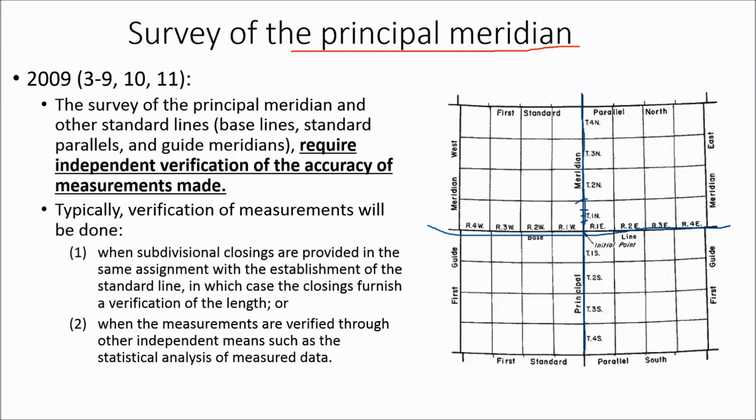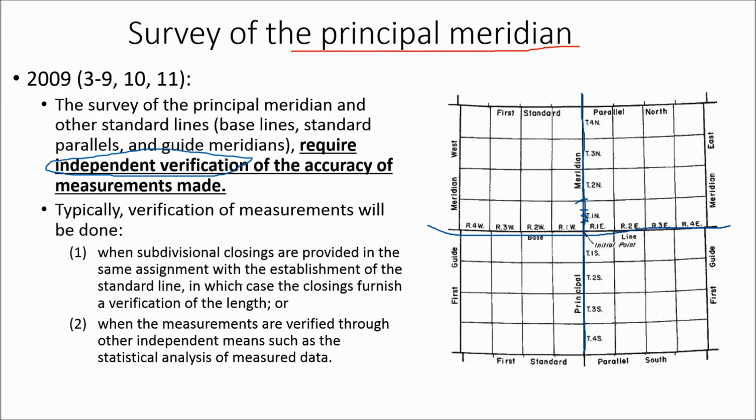The survey. When do we do the resurvey? If we are going to create subdivisions, or if we are going to do a new survey for the area. And that's what is meant by independent verification. You have the monuments already on the ground. Since you are resurveying, you are doing an independent verification to check the accuracy of the measurements made.